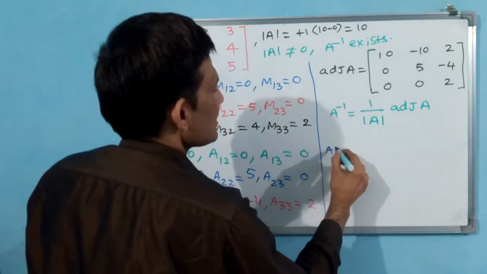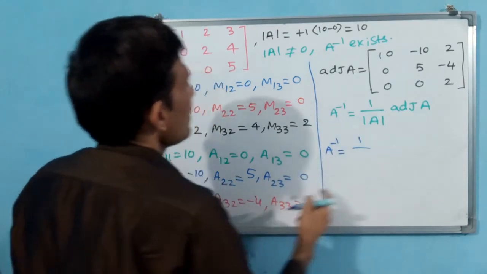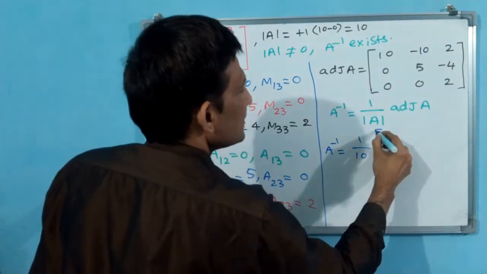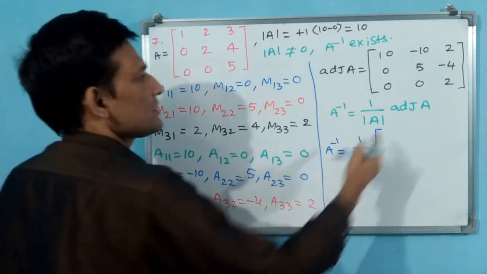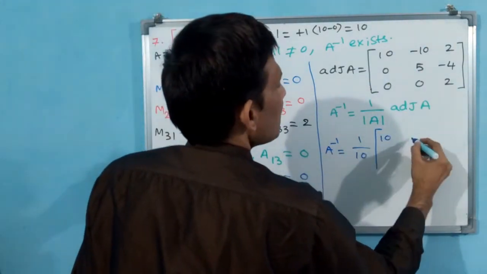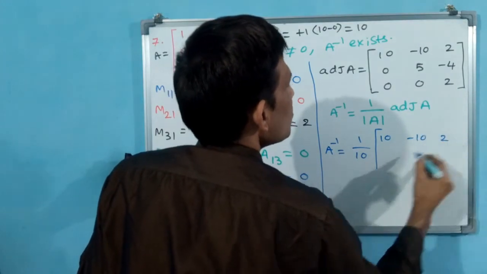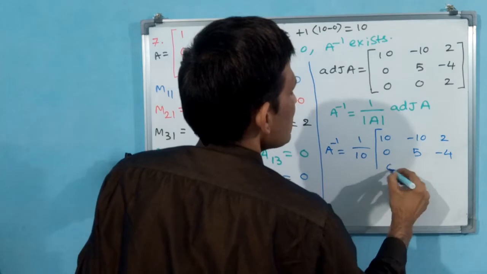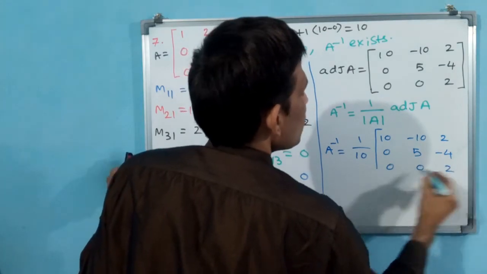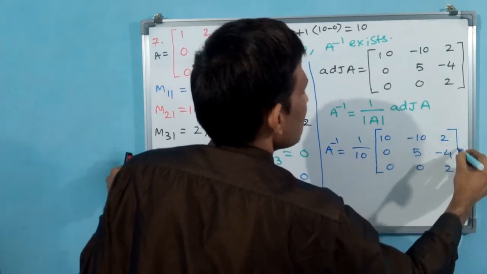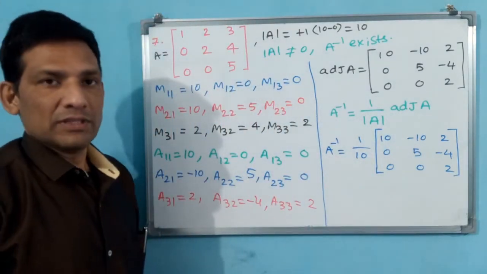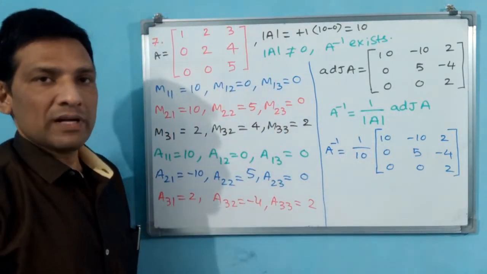Determinant is 10. 1 by 10 into adjoint, which is 10 minus 10 2, 0 5 minus 4, 0 0 2. This is the answer for your 7th question. Okay. Note it down. We go for the 8th question.